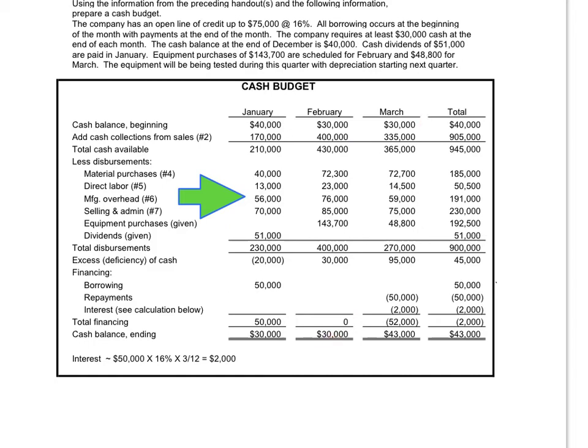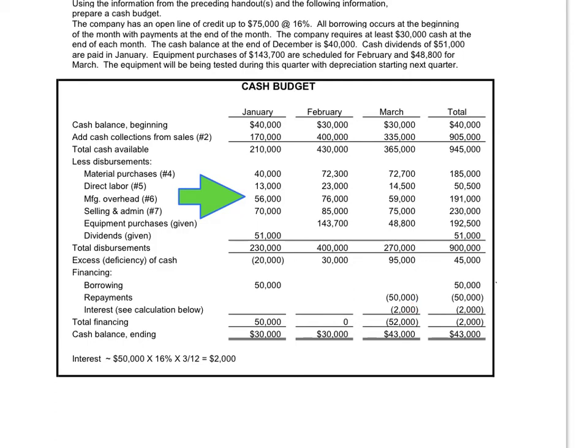Add the beginning balance to the cash collections, we have 365. Our disbursements total 270, 365 minus 270. Wow, March is a great quarter, or a great month. We've got 95,000. Now, do we have enough to pay back our 50,000 plus leave 30,000 plus pay interest? Yes, we do.